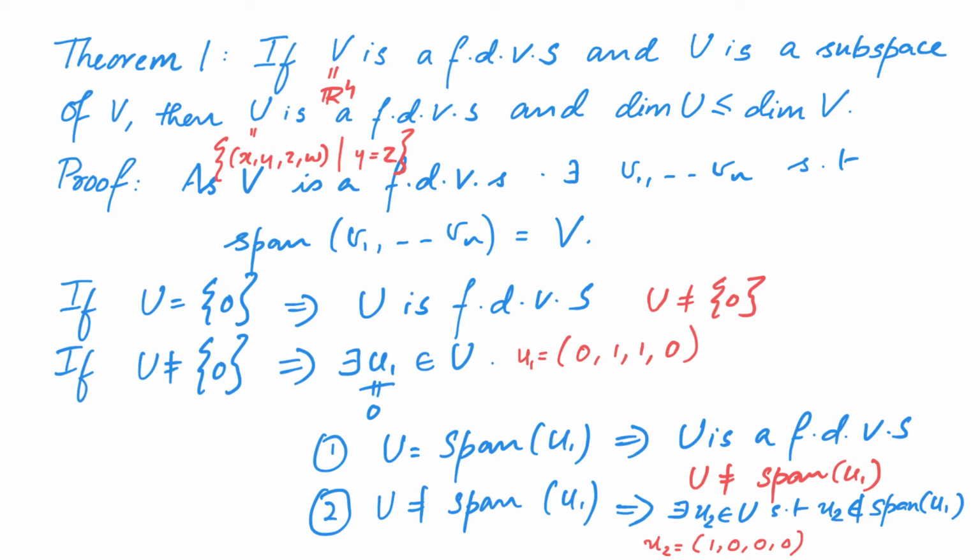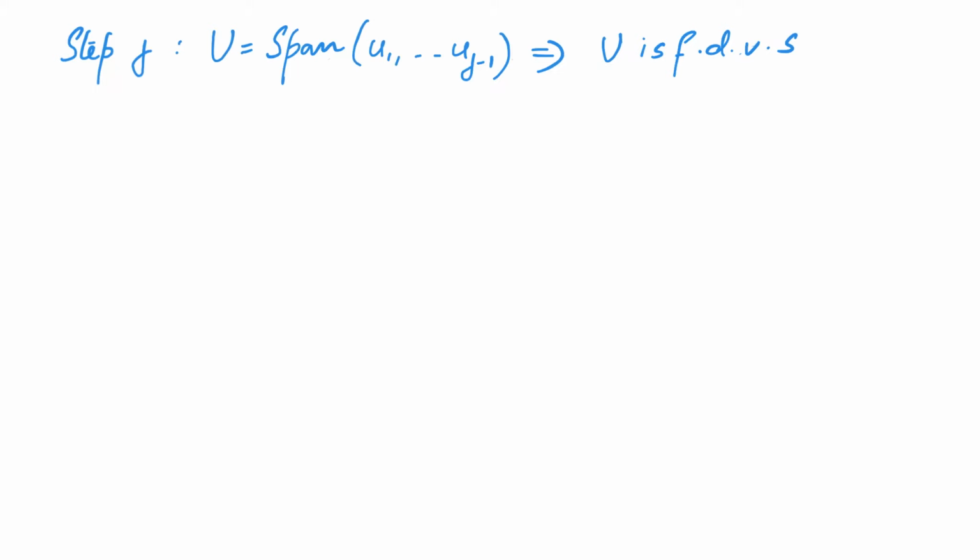In general, we can look at the jth step in this process. In the jth step, if U is equal to span of u1 to u(j-1), then U is finite dimensional.